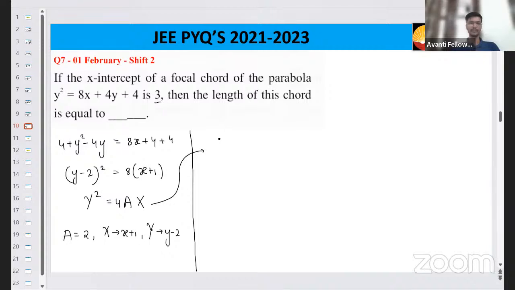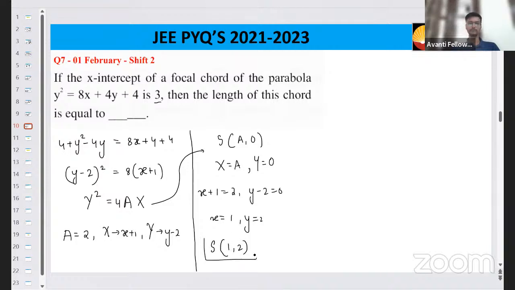Focus coordinates are a, comma 0, right? So that means X equals a and Y equals 0. With the shift of origin, that means x plus 1 is equal to 2 and y minus 2 equals 0. So x equals 1 and y equals 2. The coordinates of focus are 1, comma 2. Right?